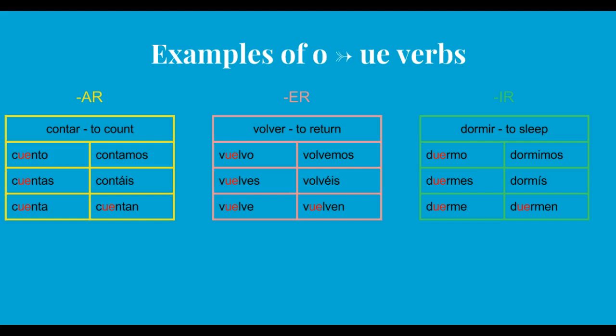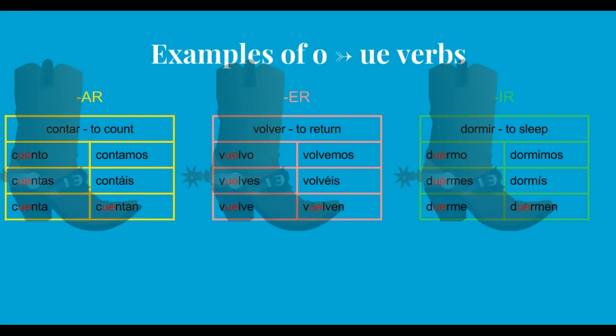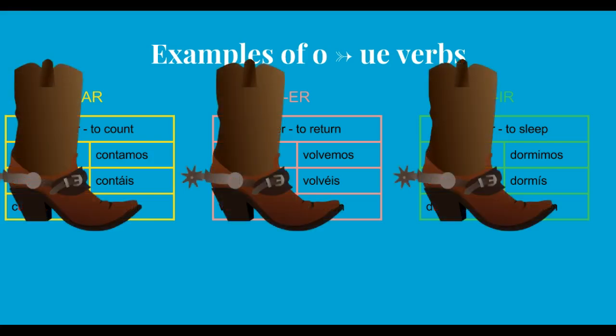In the infinitive verbs contar, volver, and dormir, you can see that there's an O in each of those infinitive verbs. Once the verbs are conjugated, however, that O was changed to a UE. Just like the E to IE verbs, we did not stem change in the nosotros and vosotros forms. So again, if you were to put those verbs inside of a boot, you would leave out the nosotros and vosotros forms.